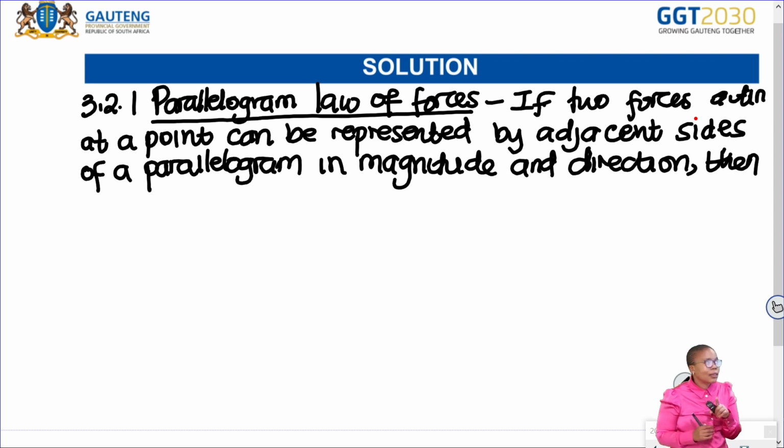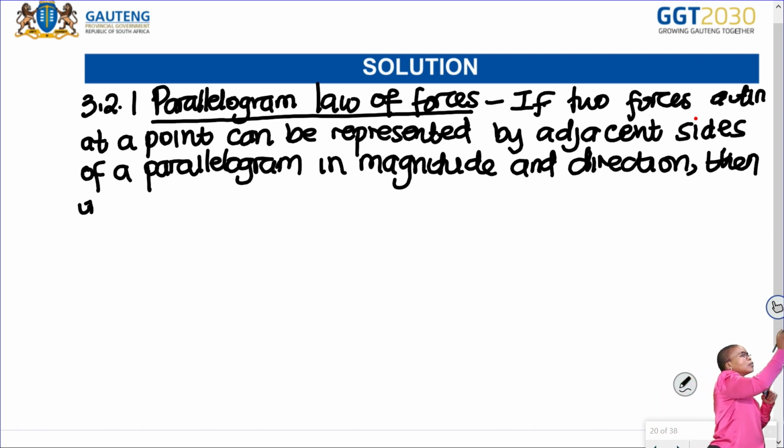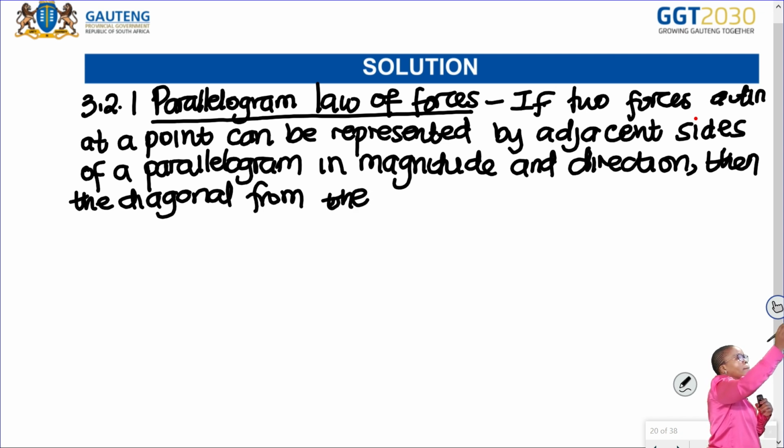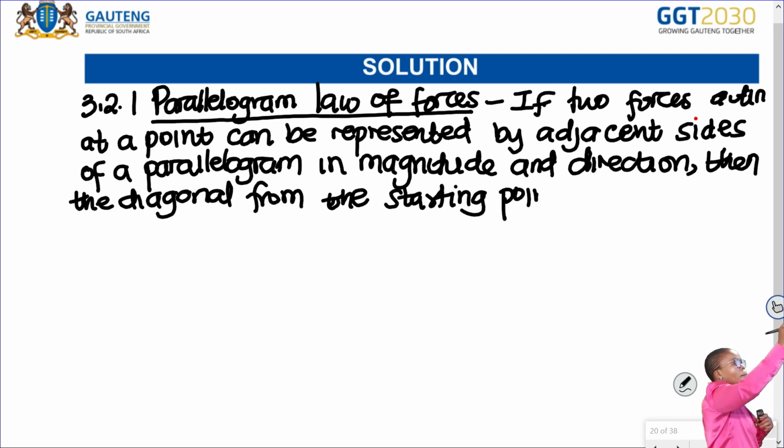The diagonal from the starting point represents now the resultant of the two forces.